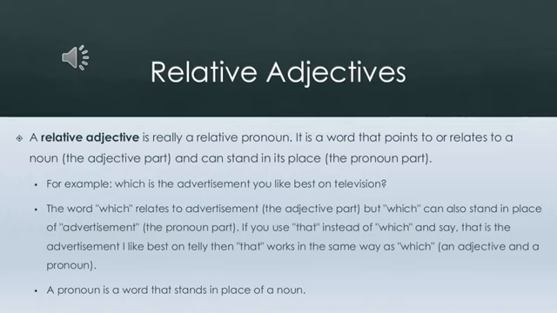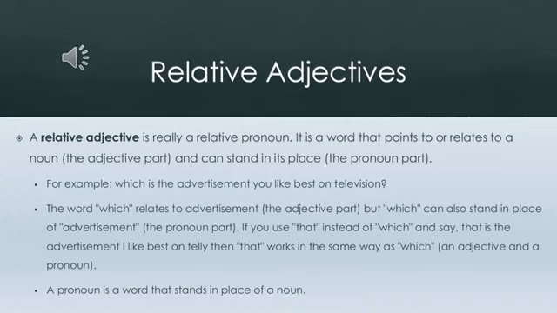Okay, so grade sevens, this may seem very, very confusing, but all that this is actually saying is that relative adjectives are pretty much just pronouns. They are relative pronouns. So relative pronouns can stand in place of a noun.